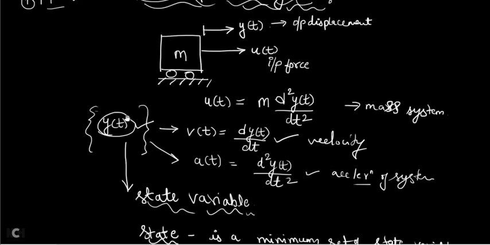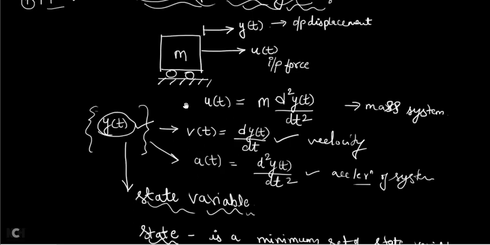So I can call this y of t a state variable of the system. What is the meaning of a state variable of the system? In this example, y of t is a state variable, which is nothing but, if you know the value of this y of t, from that value you can calculate the other values of the system, v of t and a of t, which stand for velocity and acceleration.